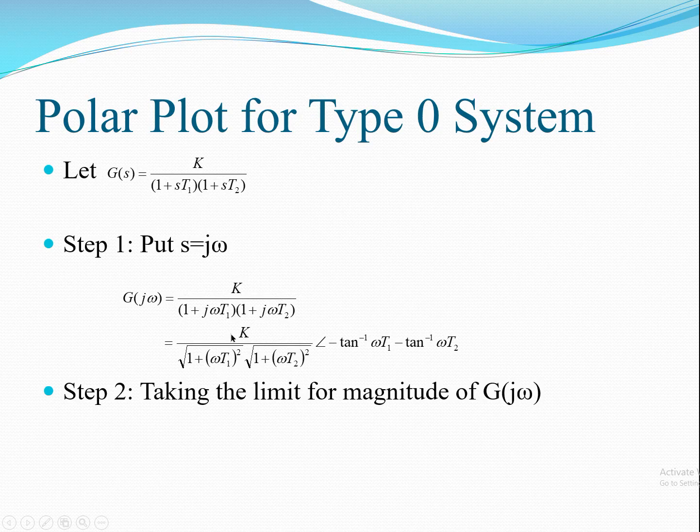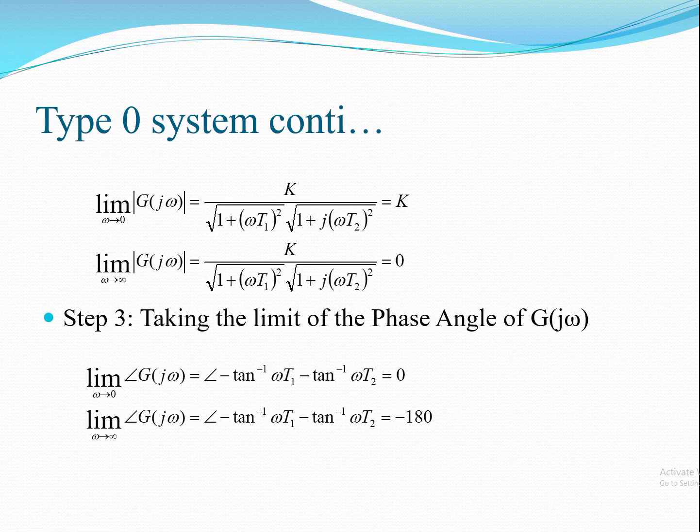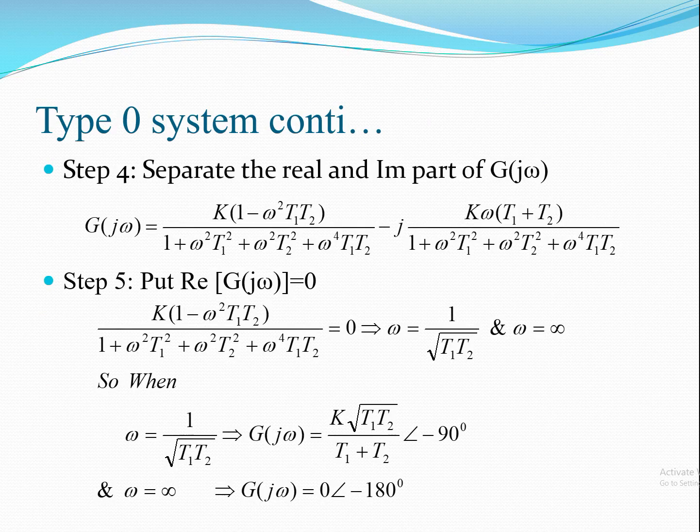At omega equal to infinity, K upon infinity, obviously the magnitude will be 0, and tan inverse infinity and tan inverse infinity, so it will be minus 90 minus 90, so it will be minus 180. So we have got the omega whose value is under root t1 t2 and omega equal to infinity, and the phase angles minus 90 and minus 180.